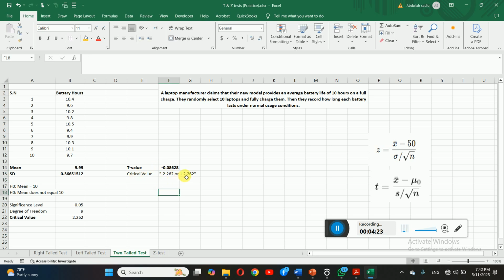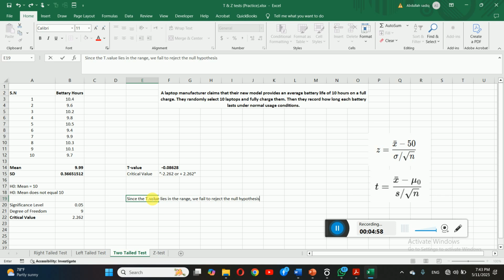Okay, what does this mean, dear students? In two-tailed tests we say the mean does not equal. So if the t value is either less than minus 2.262 or more than 2.262, in the critical region, then we reject the null hypothesis. But in our situation, this t value lies in between the range. So since the t value lies in the range, we fail to reject the null hypothesis.